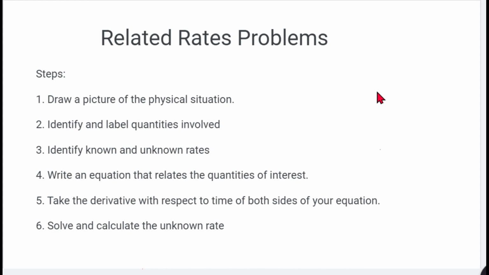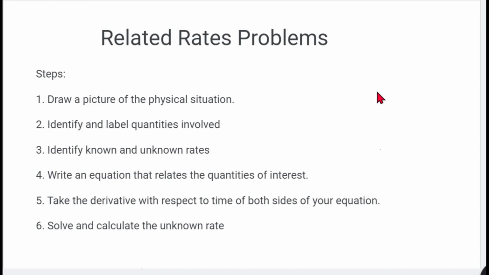All right, step 5. Once you set up your equation, the rest of the work is pretty simple. So step 5, you just differentiate your equation with respect to time. Differentiate everything, applying appropriate differentiation rules, product rule, chain rule, whatever. It's pretty simple calculus.